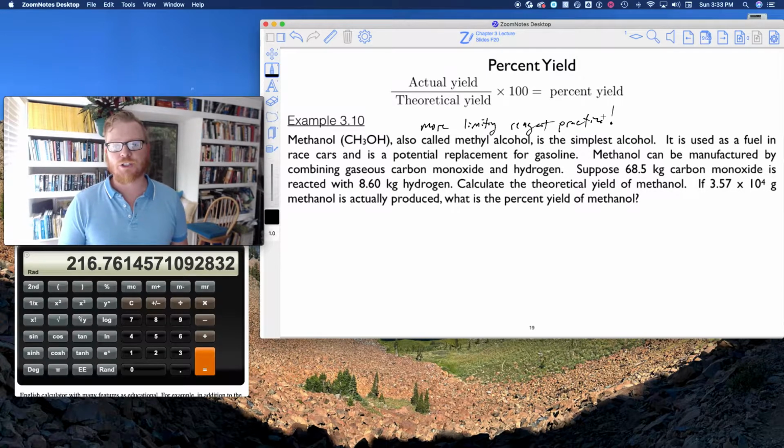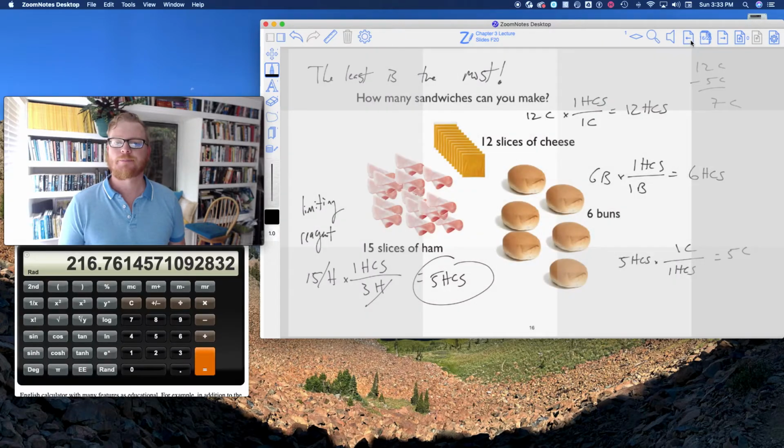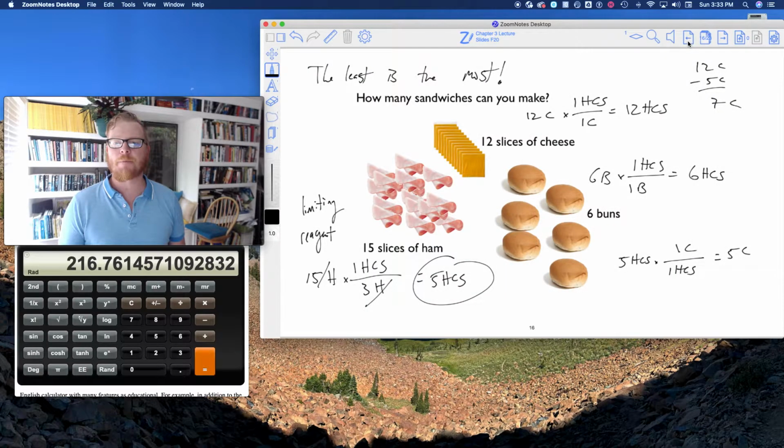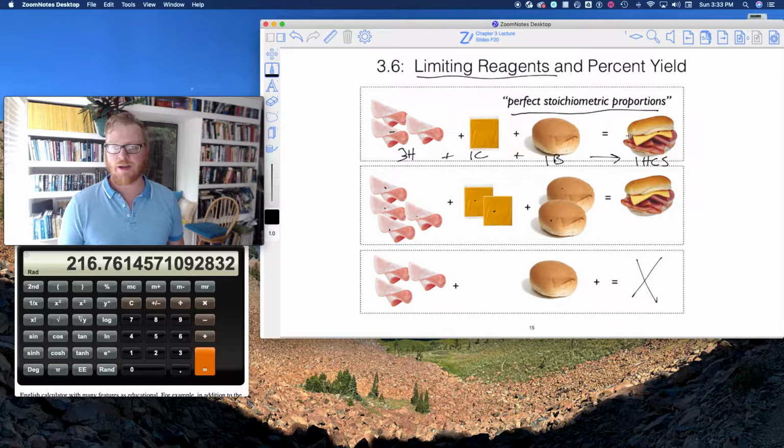But what I also wanted to show you, the additional problem with this is now this whole idea of percent yield. What is yield? Okay. So if I back up to this thing, and let me go to this, okay?